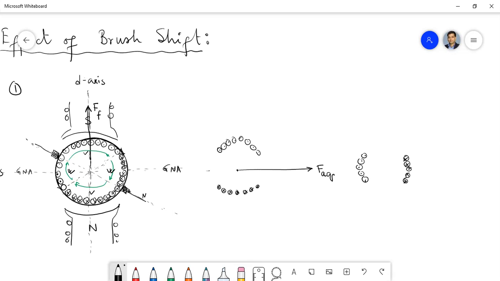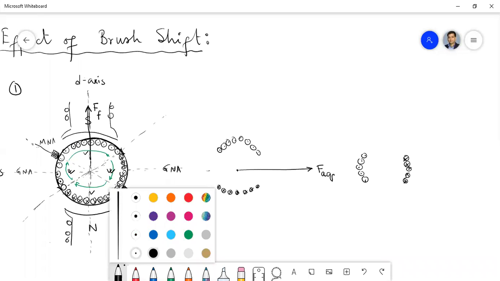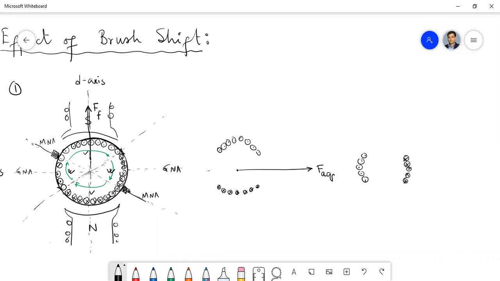So this is the MNA, isn't it? Now, what will happen? This will be cross and this will be dots.